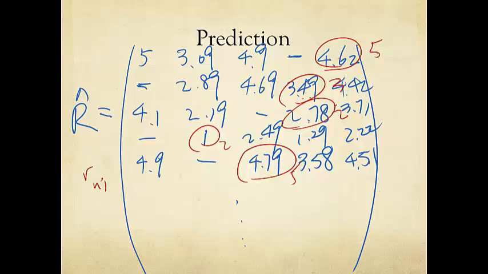Depending on how you treat this 3.49, you may round it to 4, and then you actually incur a significant error. And even without rounding, this difference of 0.49 is also quite big. This difference is huge. It's between 2 and 2.78. This difference is also big, and this difference is quite small.